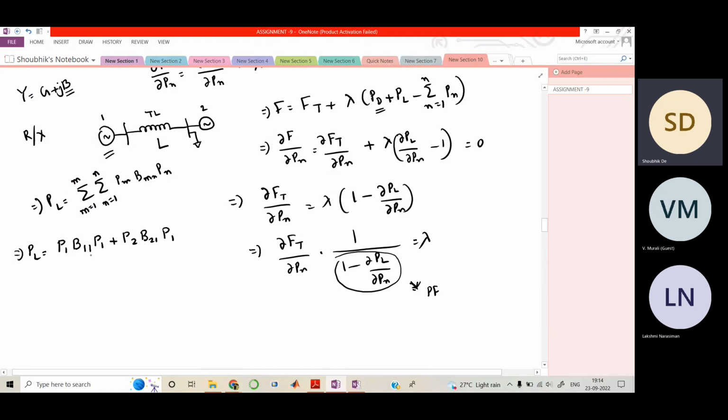Now we are keeping m constant and n varying. So your equation would look something like this.